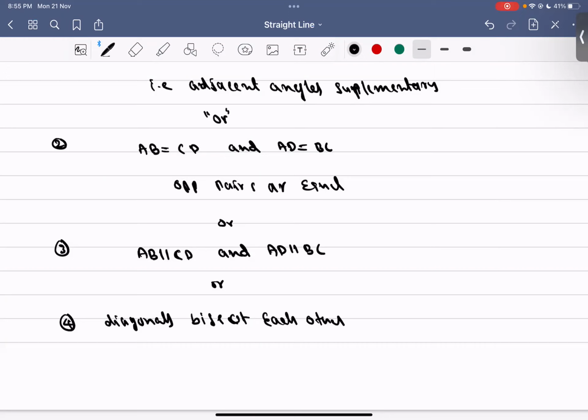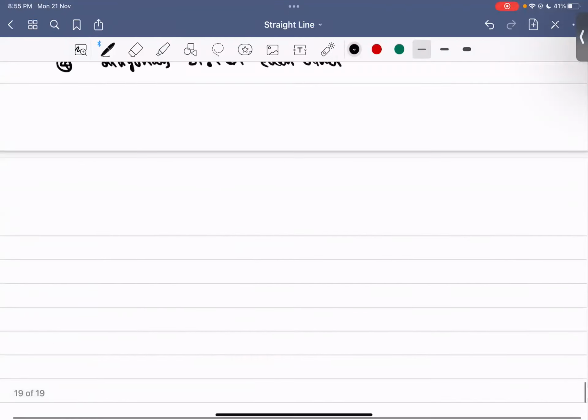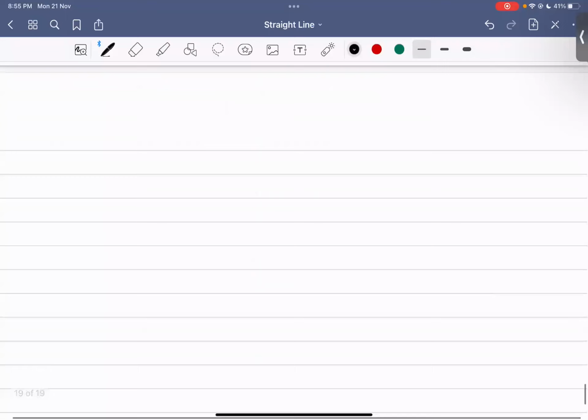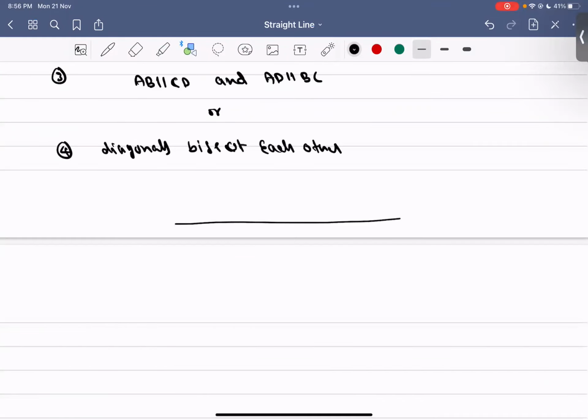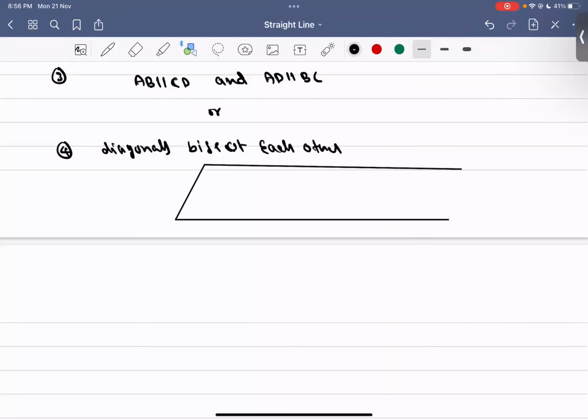Suppose you take the parallelogram like this, and draw the diagonal, the diagonal will be like this, a rough diagonal.